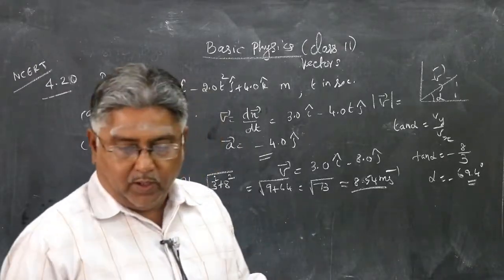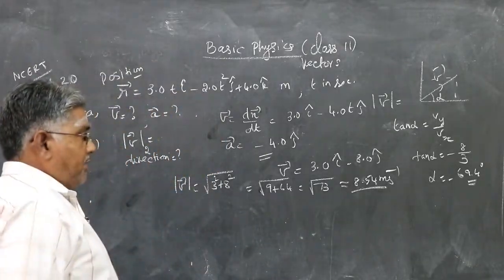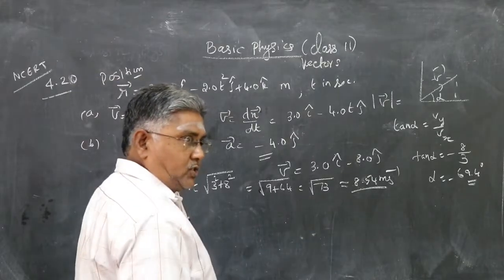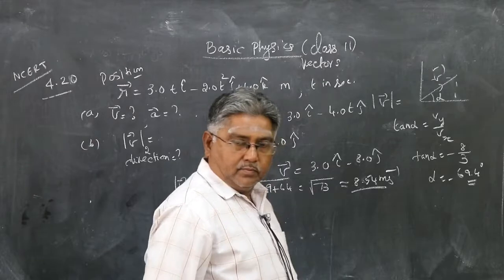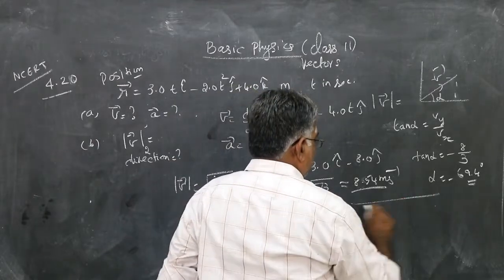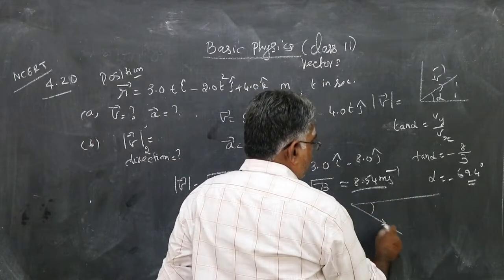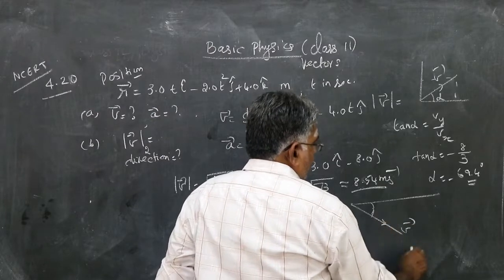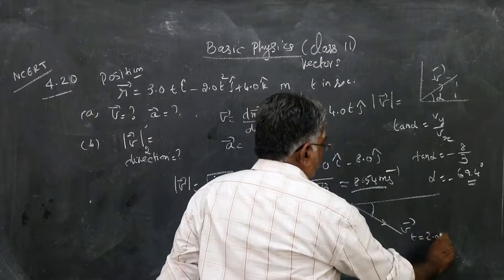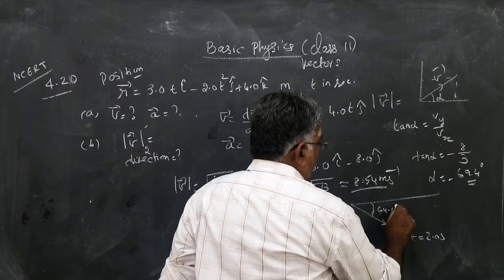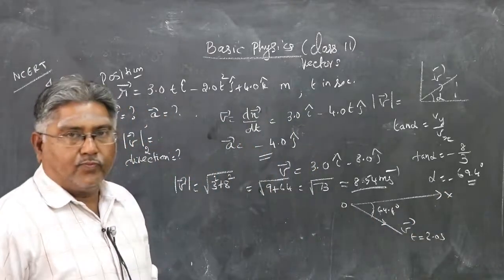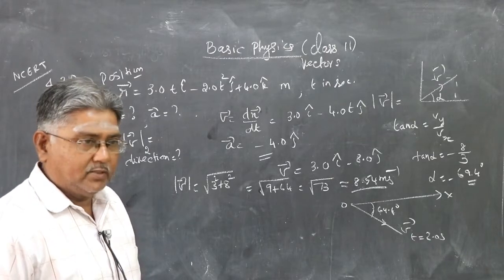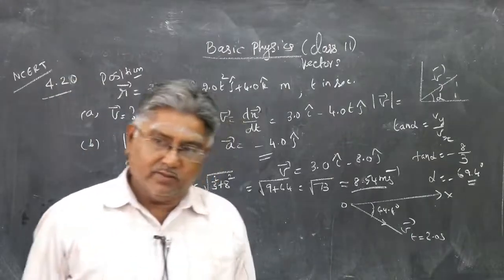That means 69.4 degrees down the x-axis. Minus symbol is there, you know. Suppose if it is x-axis, this is the velocity vector at time t is equal to 2 seconds, 69.4 degrees. Understood that? Okay, thank you.